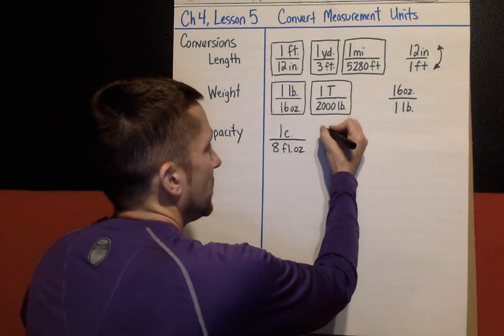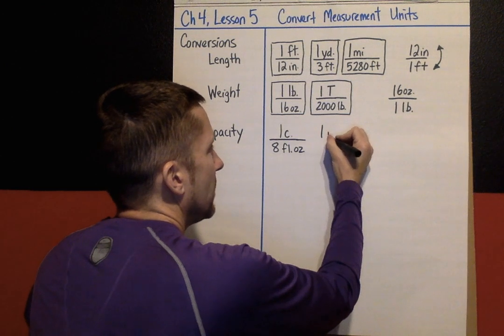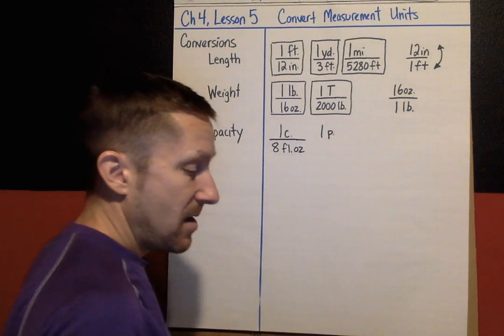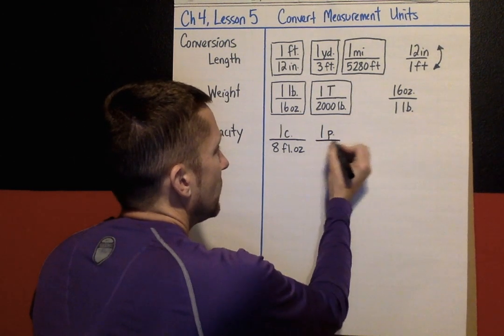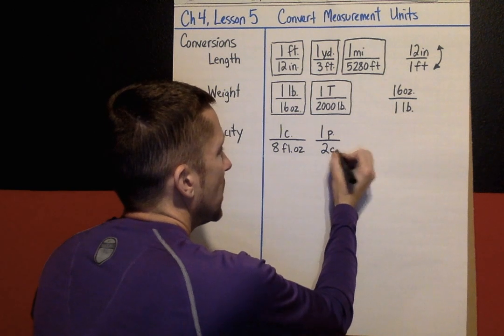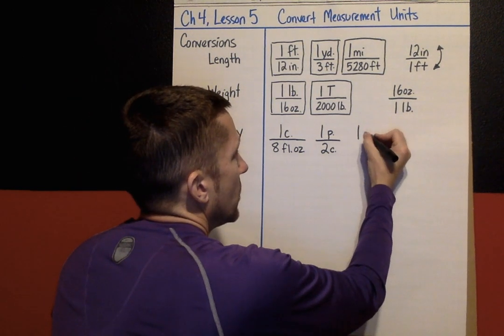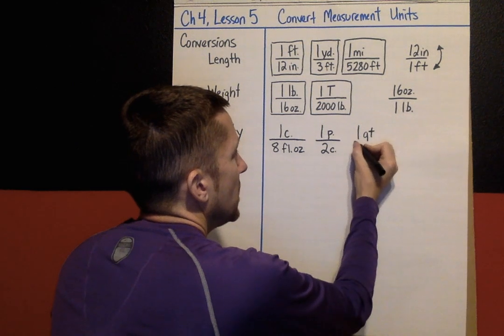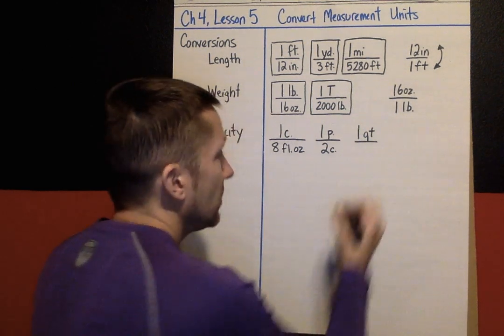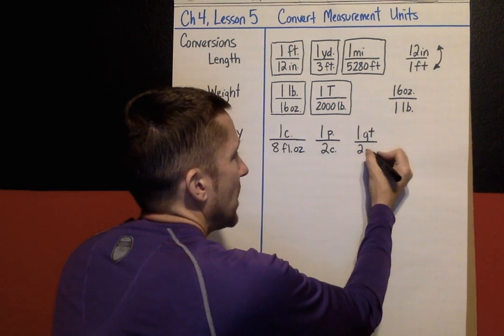The next conversion is pint, and that's the letter P. 1 pint for every 2 cups. The next one is 1 quart, QT. 1 quart for every 2 pints.